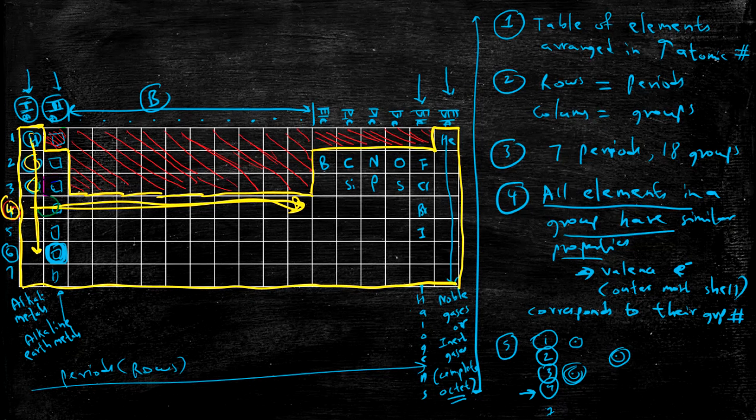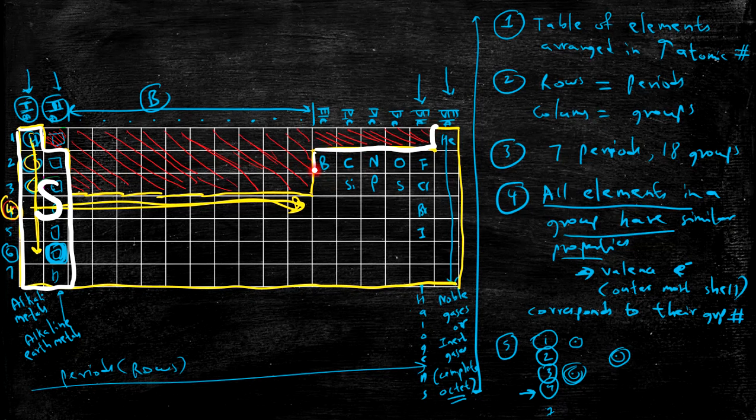So these are called the S block elements, which are 1A and 2A. The reason they are called S block elements or S block metals is because the valence electrons are in the S orbital.